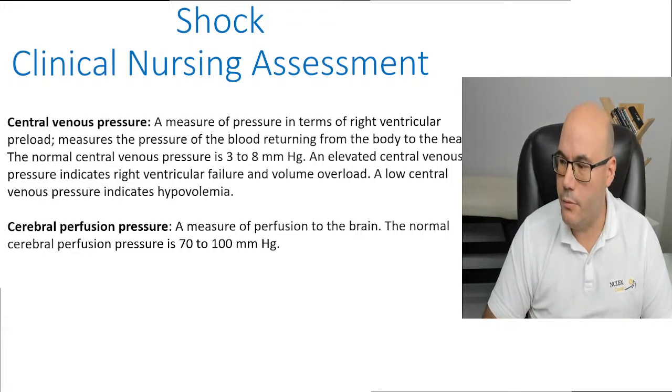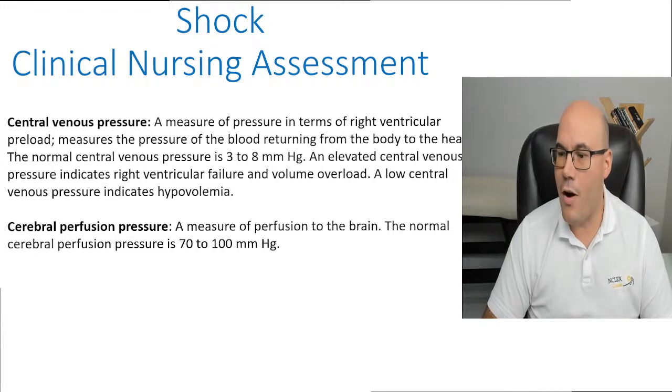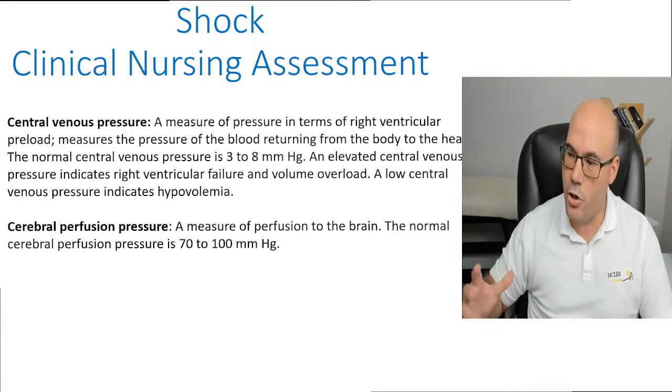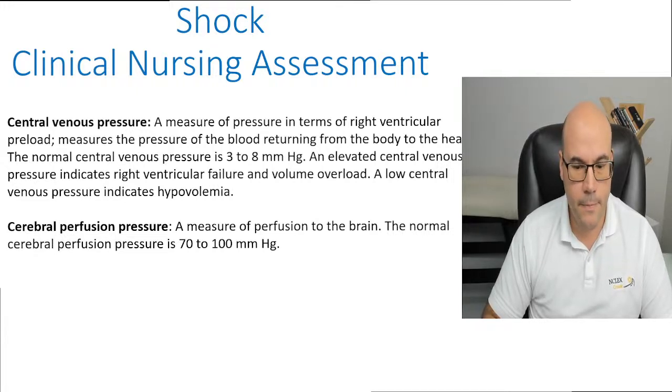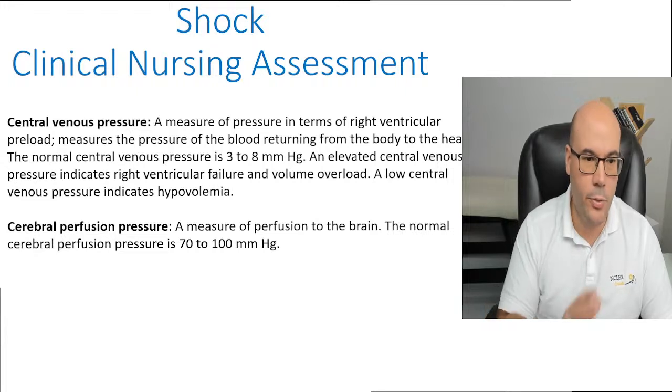Central venous pressure. It measures the pressure in terms of the right ventricular preload. So basically it measures the pressure of blood returning from the body to the heart. What is normal? The normal central venous pressure is between 3 to 8.